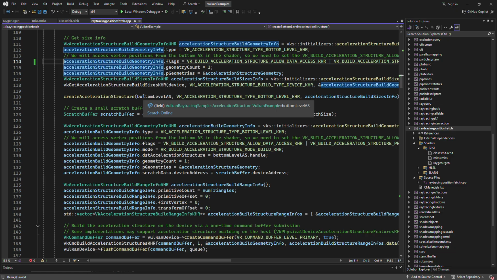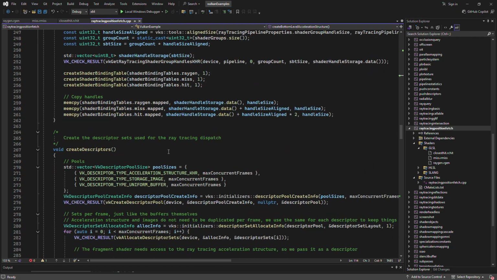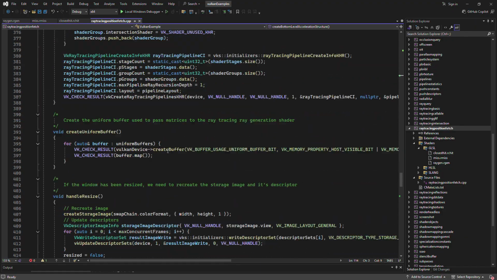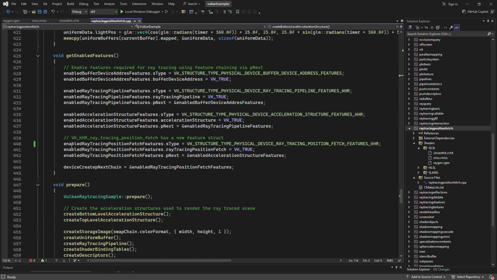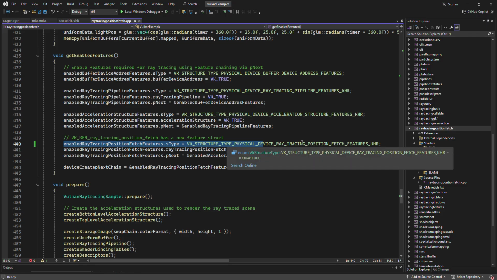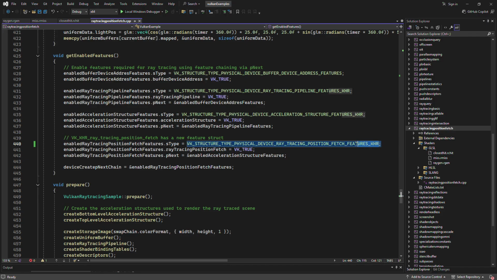There are a couple other things that, just to be complete, I have to mention. Down here, get enabled features, enable ray tracing position, struct physical device ray tracing position fetch features KHR.